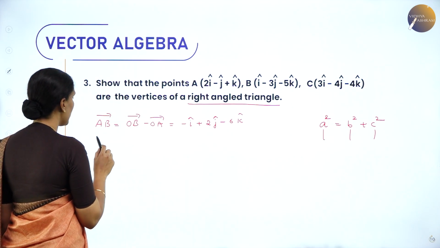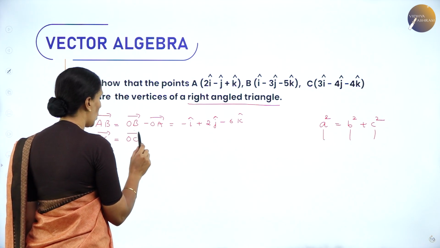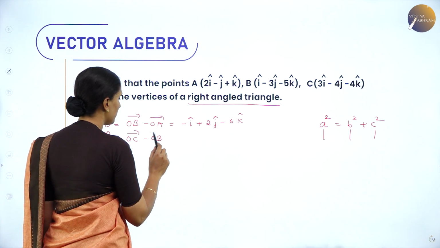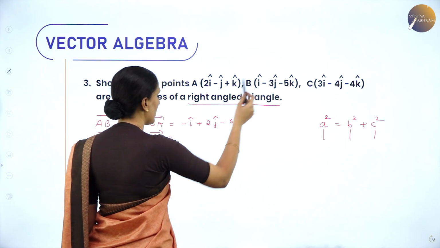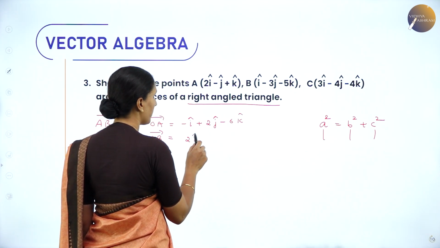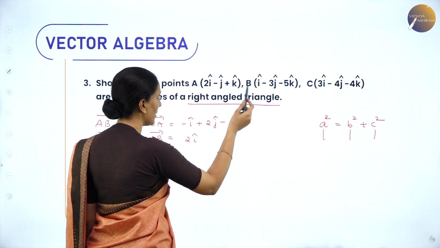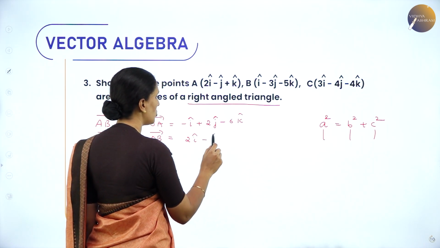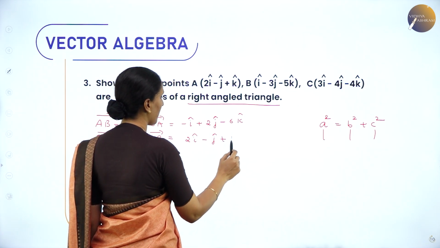Next, similarly, let us consider the side BC. BC is OC minus OB, so that is C minus B. 3i minus i is 2i. Minus 4 minus of minus 3 means plus 3, so minus 4 plus 3 is minus j. Next, minus 4 plus 5 is plus k.